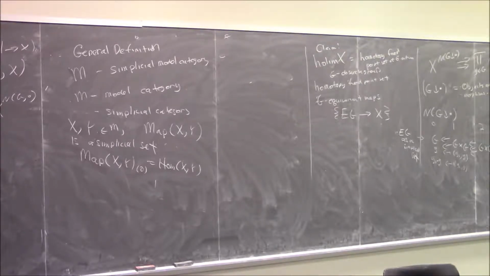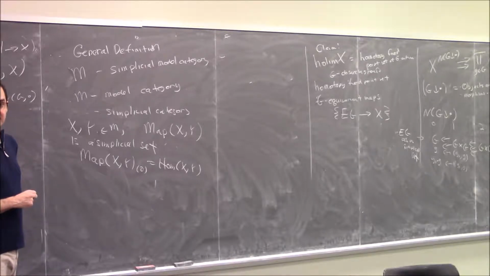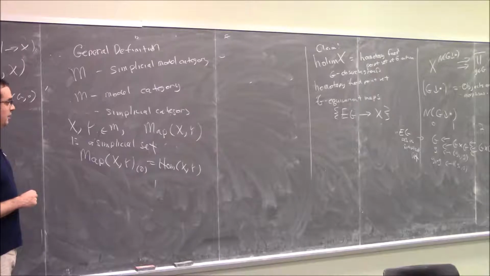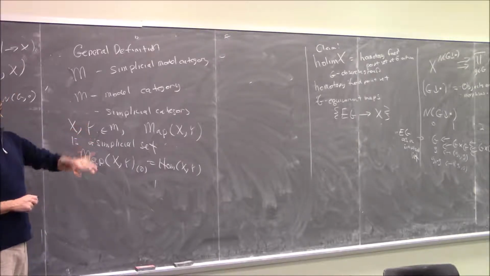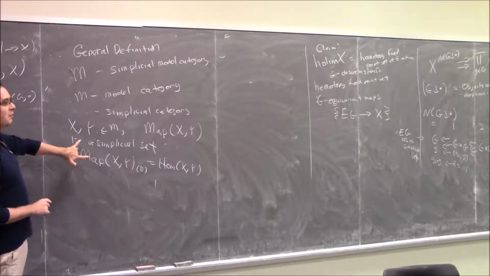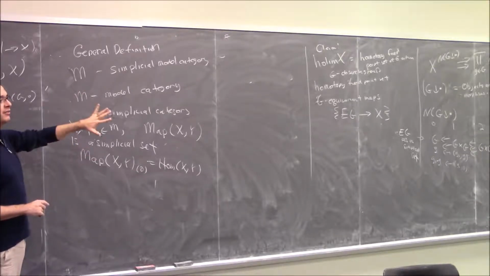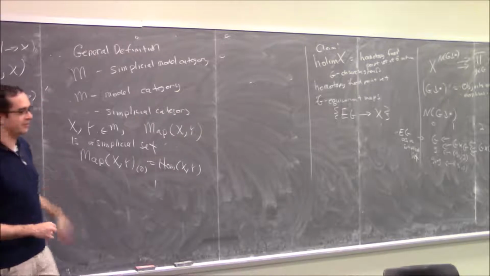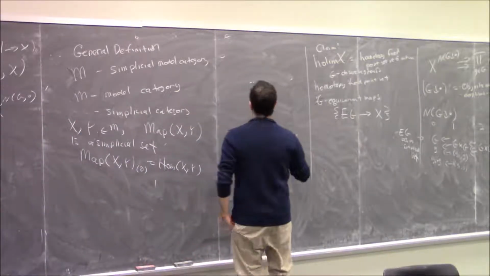I don't know, I'm asking. I think so. I actually haven't thought of that. There's another thing also, that every model category can be embedded into a simplicial category, even without that. I'm not sure, but a simplicial model category is going to have two more axioms. Okay, I see.